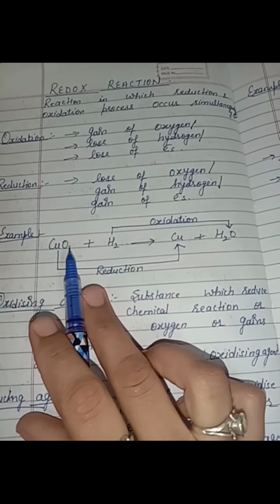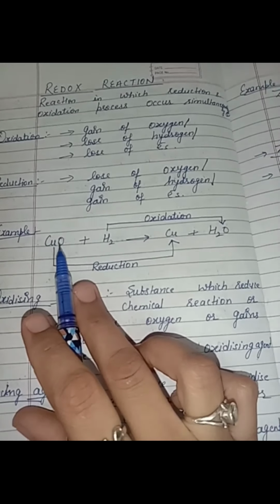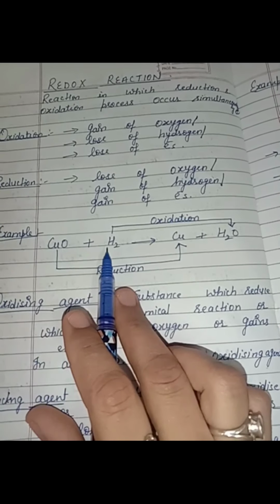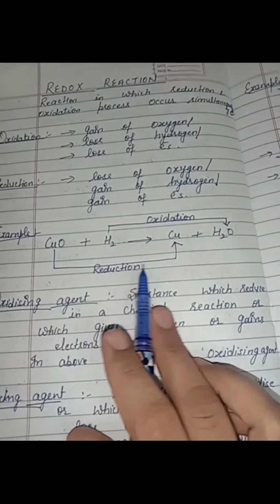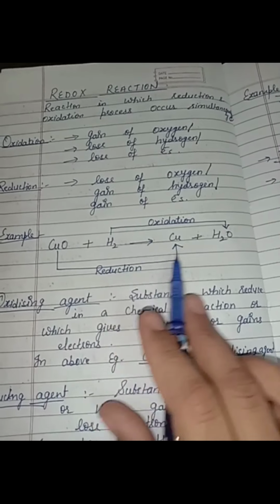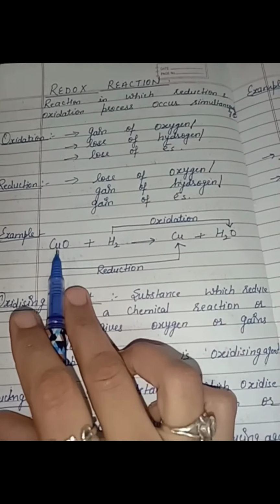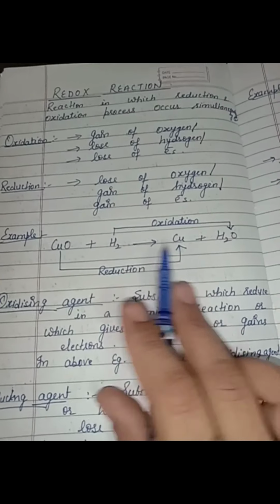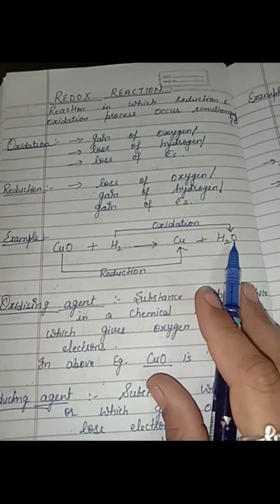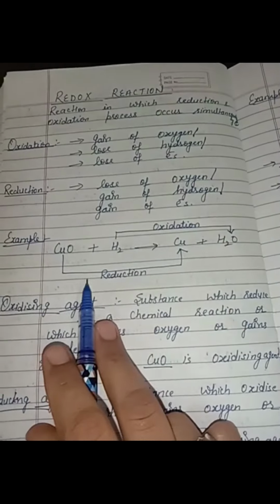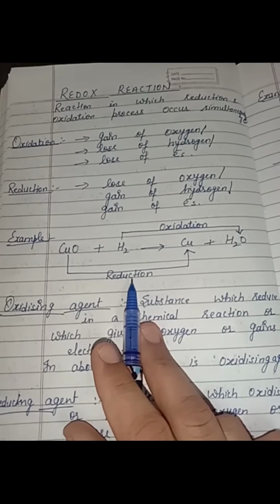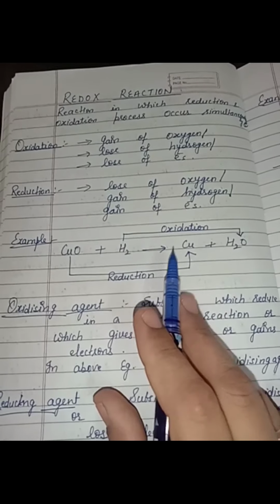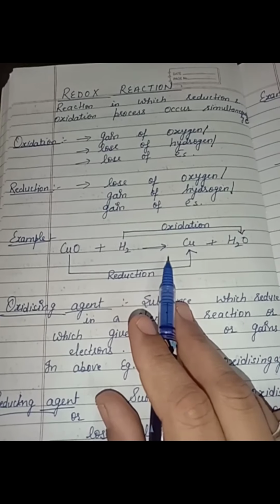Just see the element other than oxygen and hydrogen. Then see when we go from reactant to product, what is adding and what is losing. Here the oxygen is being lost, here the oxygen is being added. So by knowing this, we can easily recognize where the oxidation and reduction are taking place. So this type of reaction is a redox reaction.